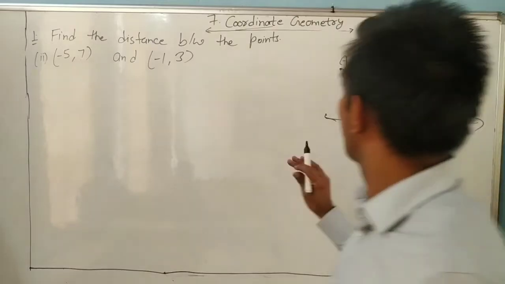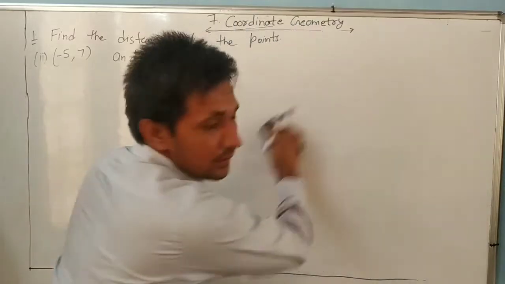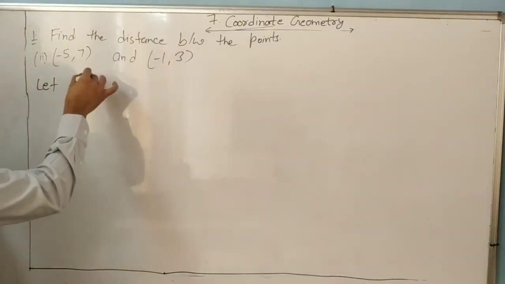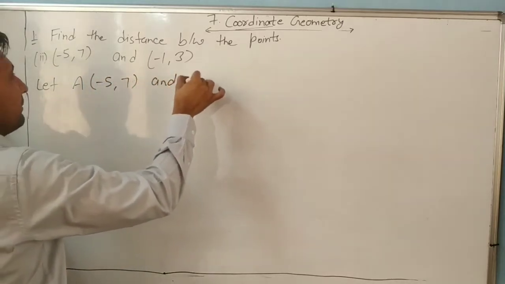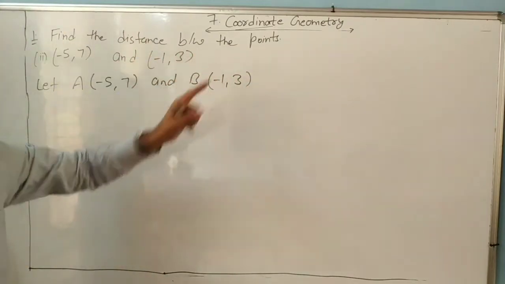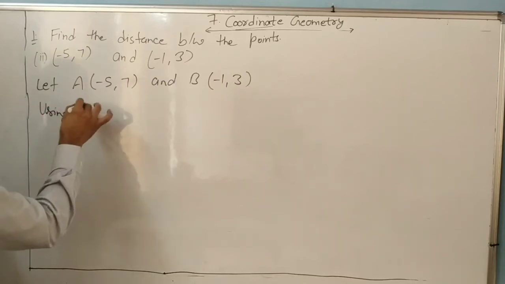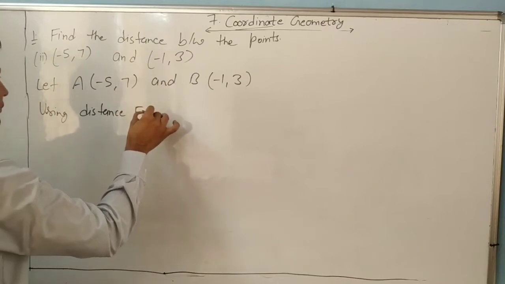Understand? So what will we write? No need to draw the graph, okay? It is only for explanation. So let the first point be A and the second point be B. We want to find the distance, so always first we will write the distance formula.